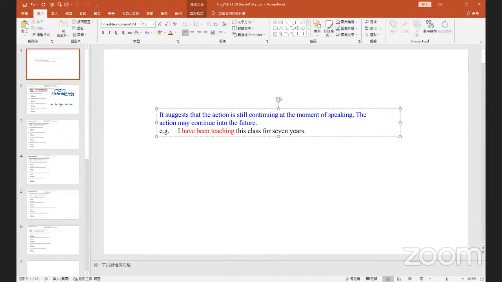That means since 7 years ago, I started teaching this class 7 years ago. And then maybe I still continue to teach. Most likely to teach after these 7 years. So we have past number 1 and past number 2.